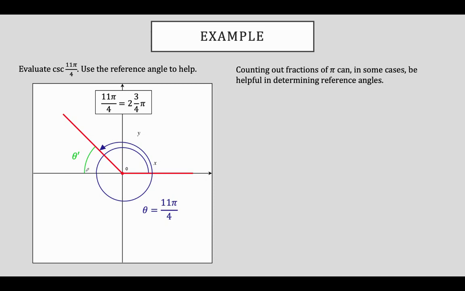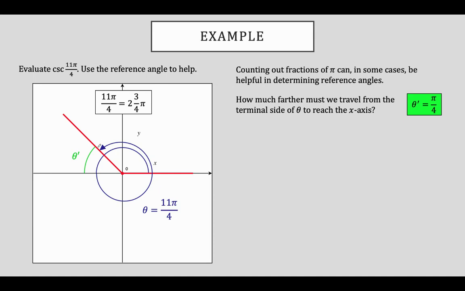So to answer that question, theta prime is equal to pi over 4. To get to 3 pi, I'd have to add another fourth of pi. Pi over 4 is our reference angle.